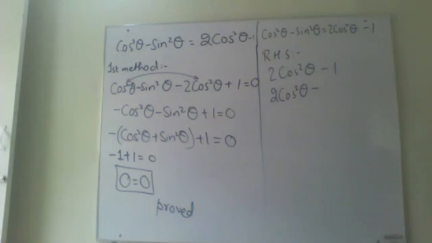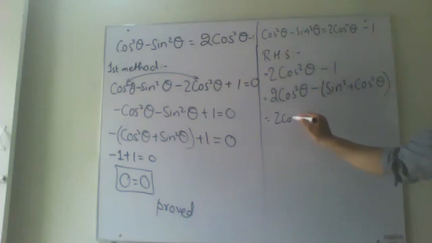In each identity, 1 is present, equal to the sum in all three identities. So which one should I use over here? If sin square is there and cos square is there, I am going to convert this 1 into sin square theta plus cos square theta. I know that 1 equals sin square theta plus cos square theta, which will fit in this one.